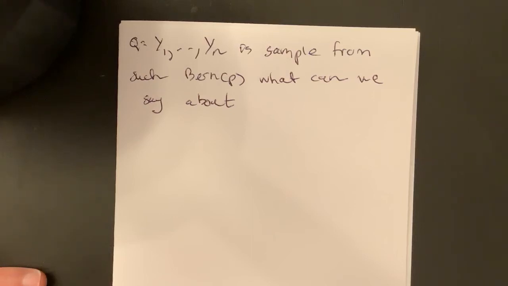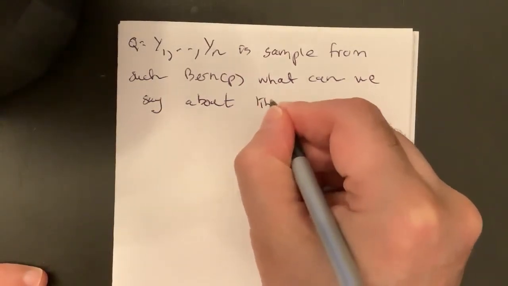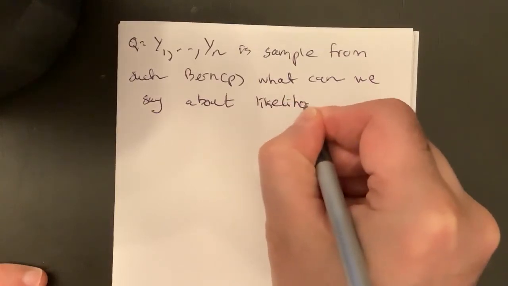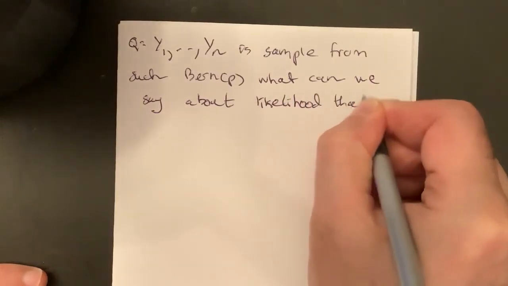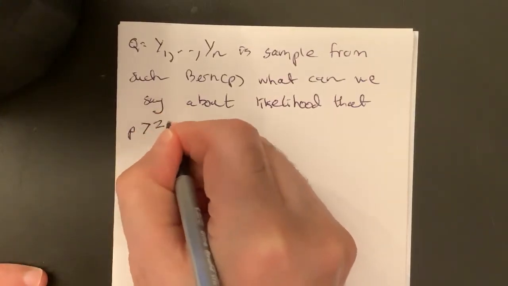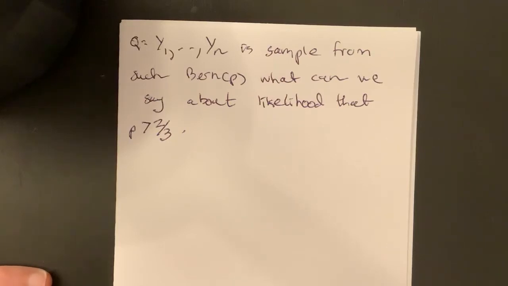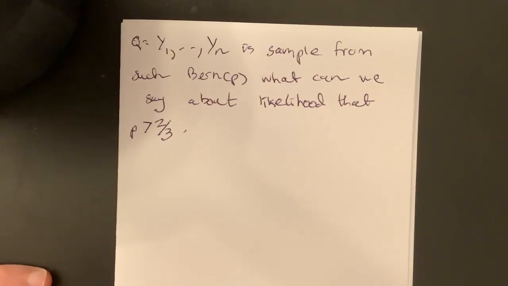So what can we say about the likelihood that P is, say, greater than 2/3? Maybe it's the voting one, and I need more than a 2/3 majority to vote something.